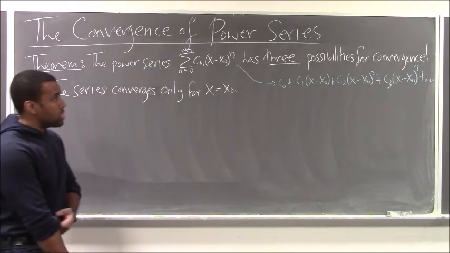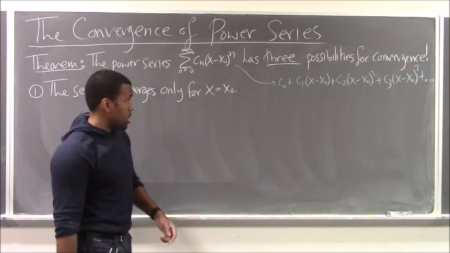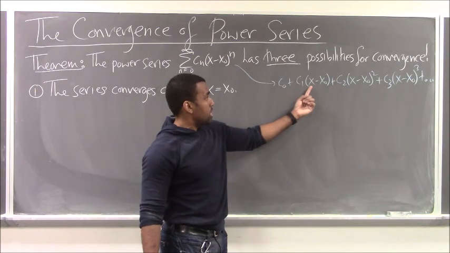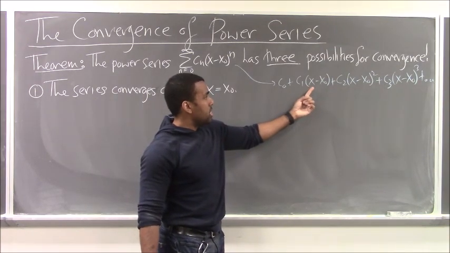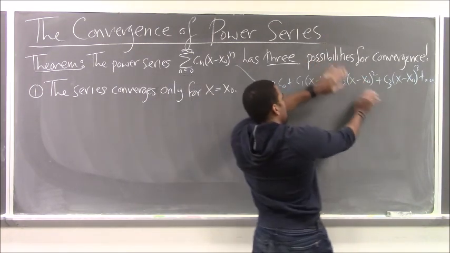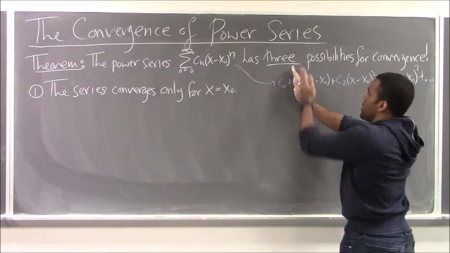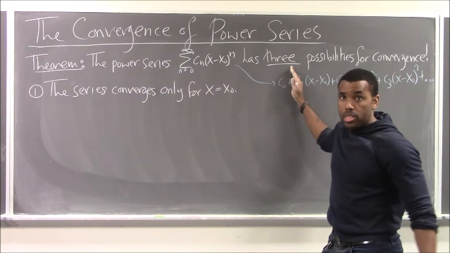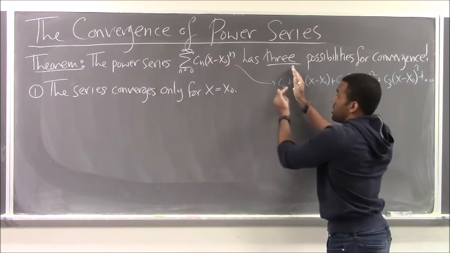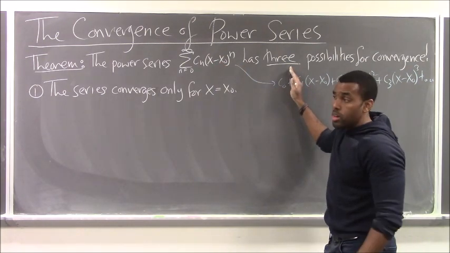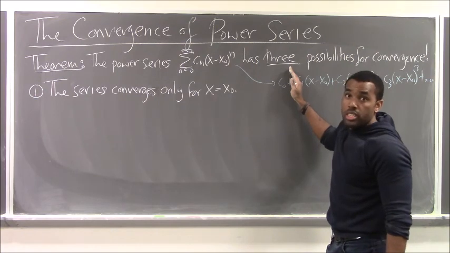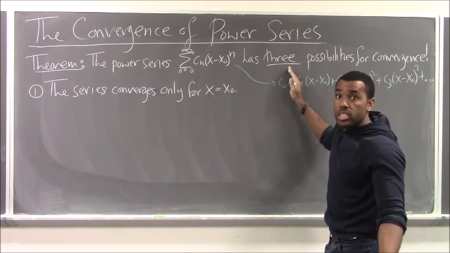Now I want you to notice that this is always going to be an option. If I plug in x equals x naught, this term would be 0, that term would be 0, that term would be 0. I'd get an infinite list of zeros. From this point onwards, that's all going to add up to 0. And so the entire series is just going to add up to c naught. Whatever the first coefficient is will be what the series adds up to.